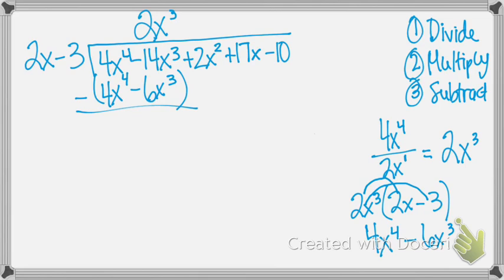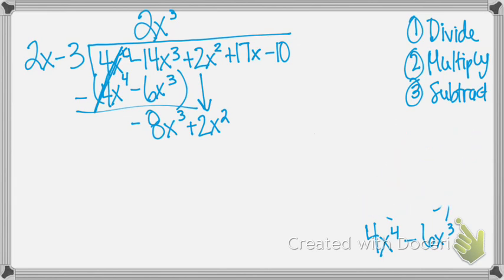Okay? So these cancel. Well, the negative 14x cubed minus the negative 6x cubed, those two negatives on the bottom become a positive. So negative 14 plus 6 is a negative 8x cubed, and I'm going to bring down my 2x squared. Okay? So that's the first step, or the first part.